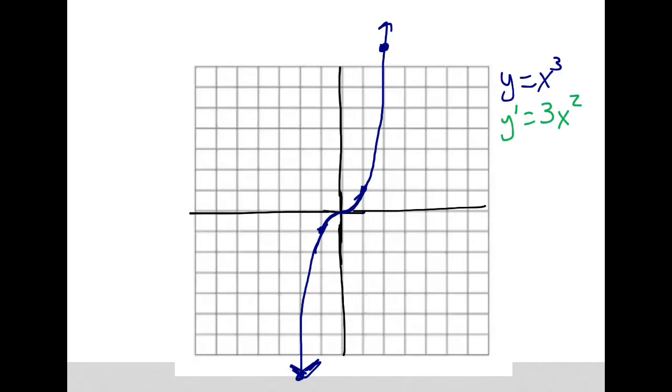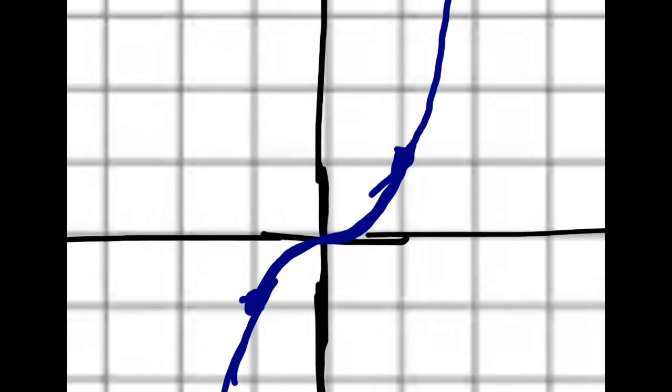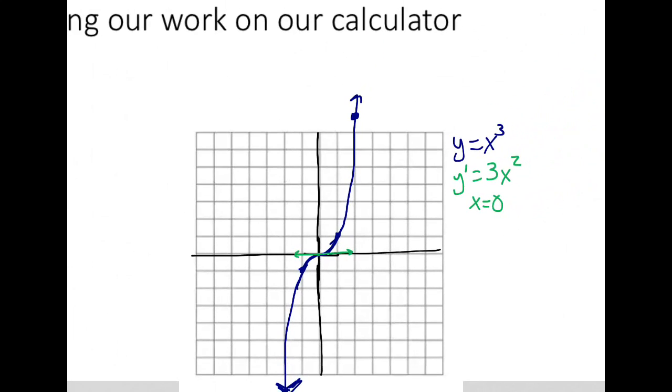If you think about the derivative of this function, we know this derivative has a 0 when x equals 0. That tells me that if I were to draw the tangent line here, it would be a horizontal line on the x-axis like that, because the value of the derivative at that one specific point is 0.